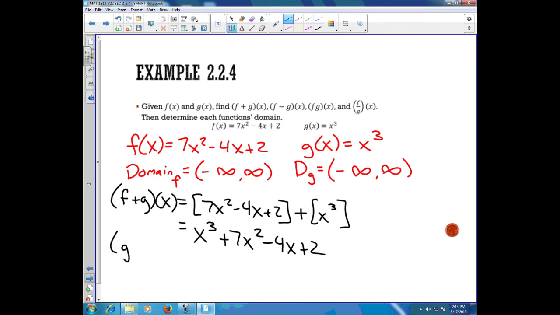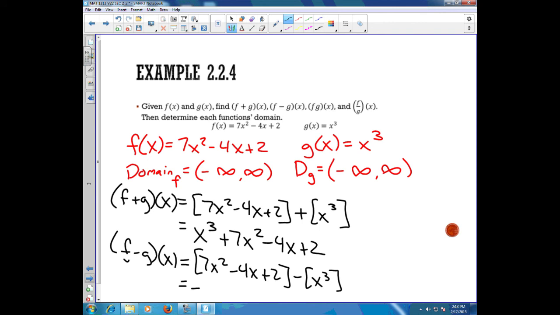Similarly, f minus g of x is just 7x squared minus 4x plus 2 minus x cubed, f of x minus g of x. Once again, no like terms, and so we just get negative x cubed plus 7x squared minus 4x plus 2.